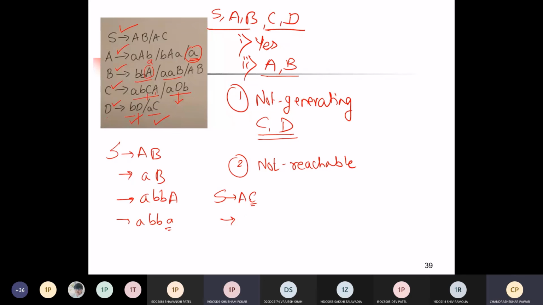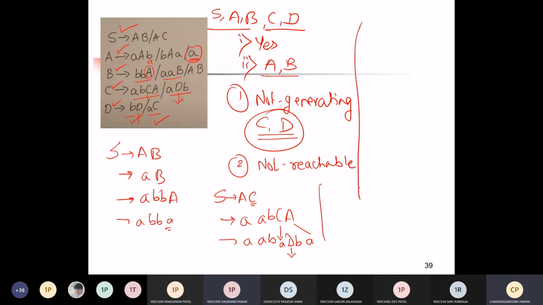If we replace A with A, and C with any one of its productions, and again substitute C, and then D with its production, it is reachable but it is not generating. So they are generating cycles over here only. So we need to eliminate those productions.